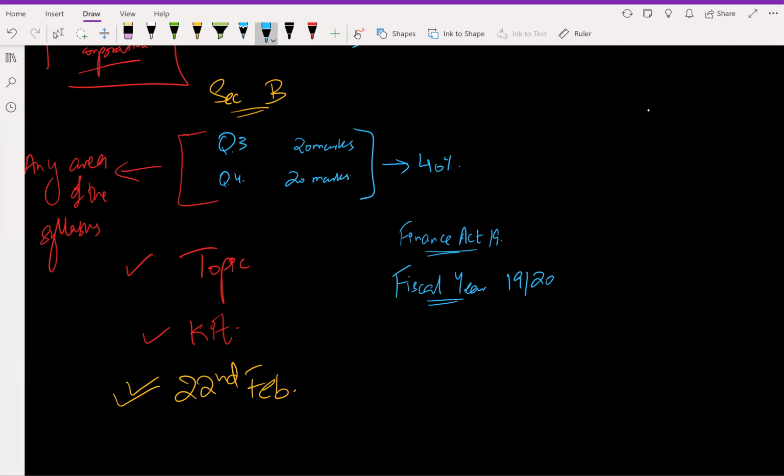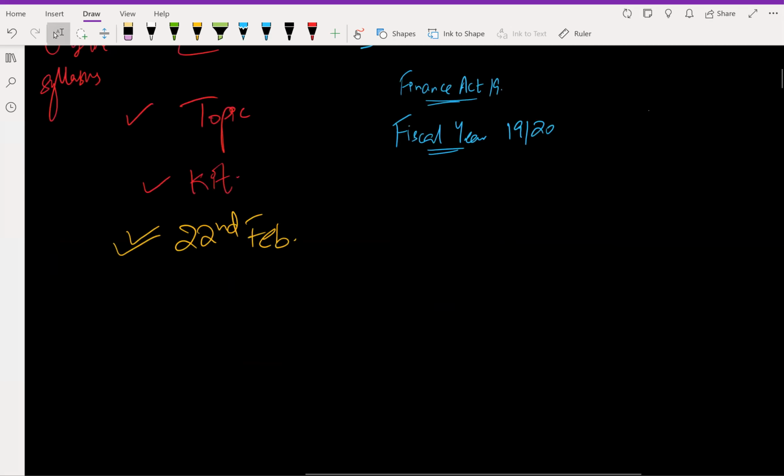Fiscal year is essentially the year for which an individual pays tax. In the countries that I know, the tax year usually starts from 1st July to 30th June. In the UK, it's a very unusual tax year.